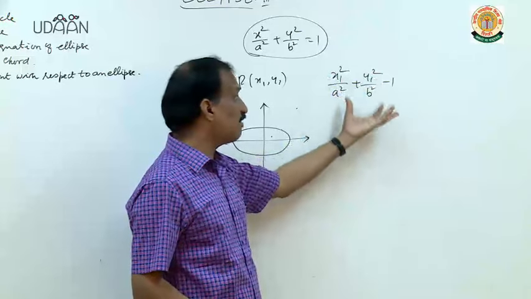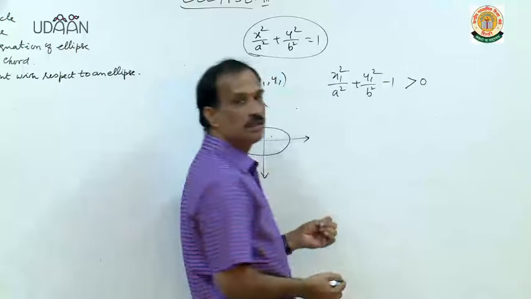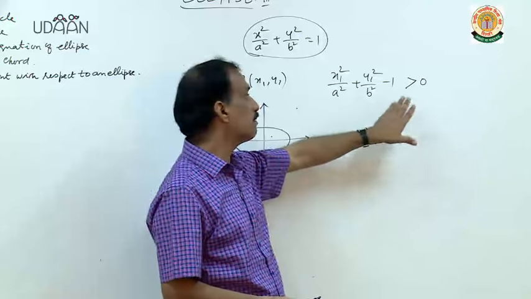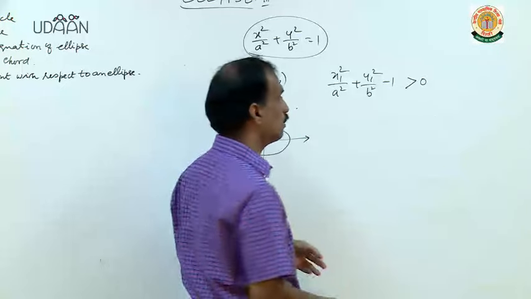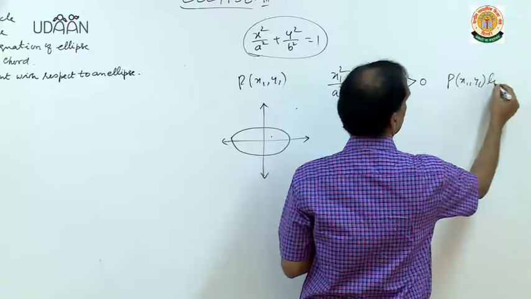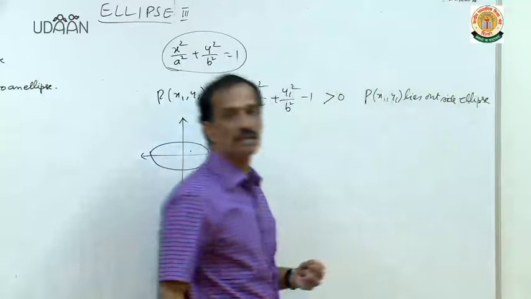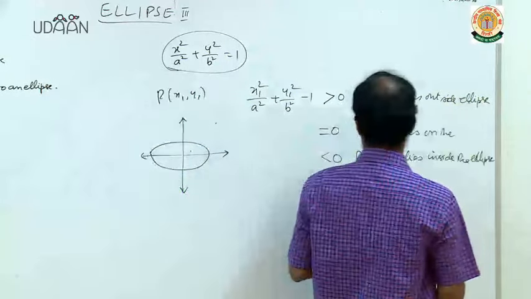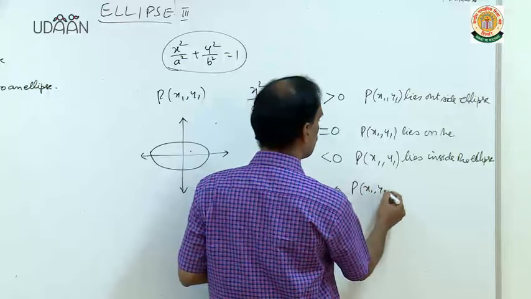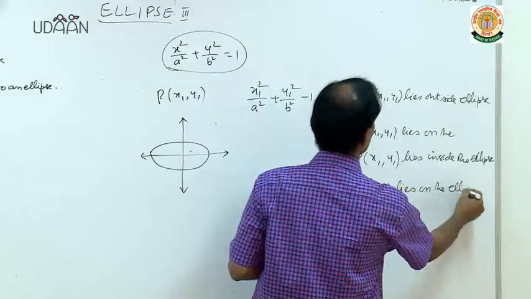So its value, if it is greater than 0, then P (x1, y1) lies outside the ellipse. If it is equal to 0, then the point P (x1, y1) lies on the ellipse.